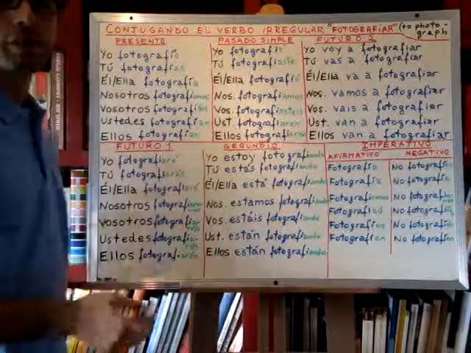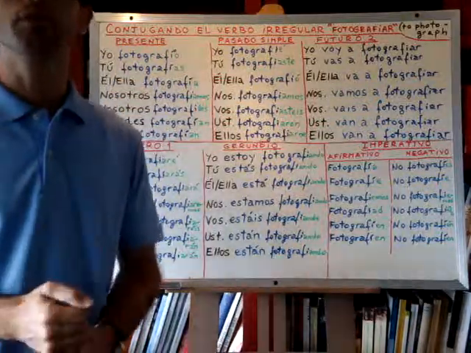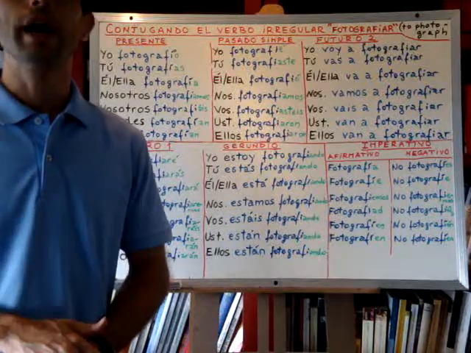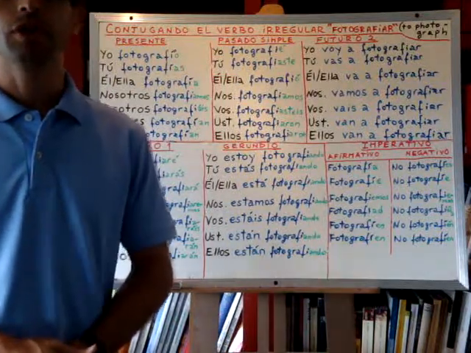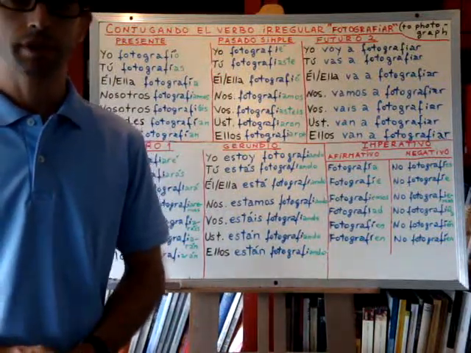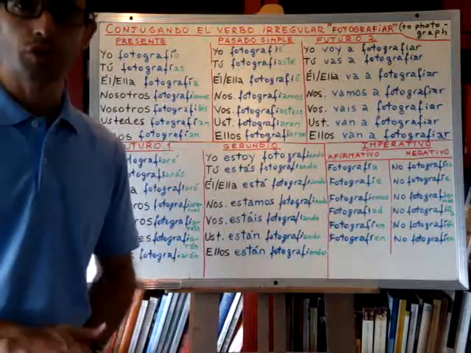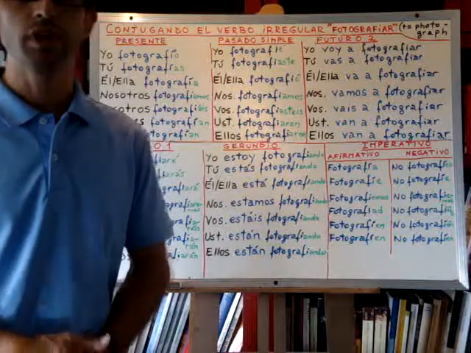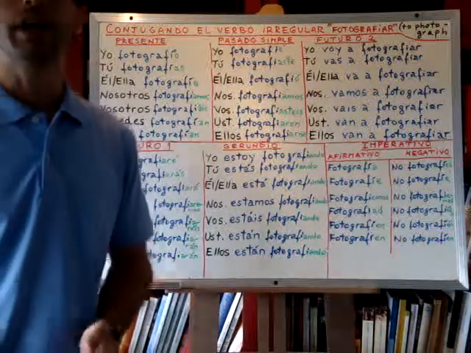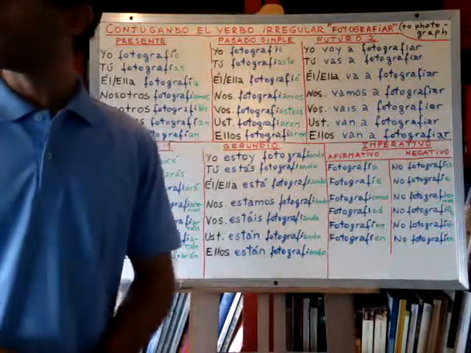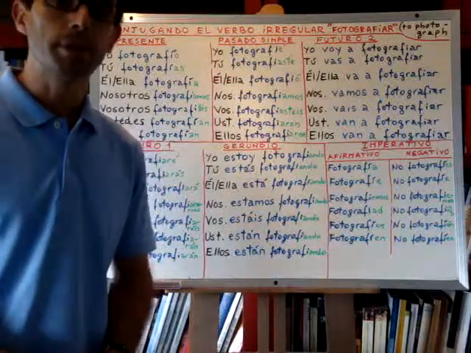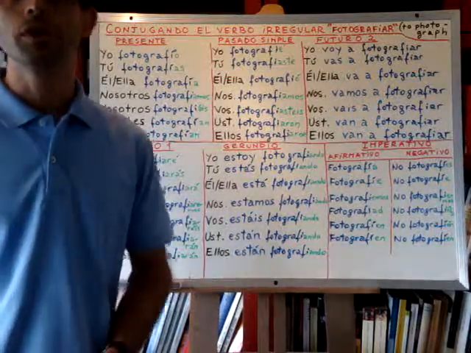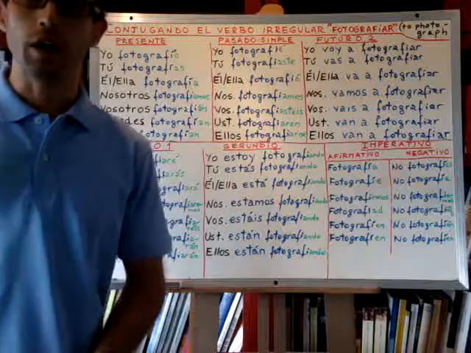So, yo fotografío, let's use an example. I take a picture of you, okay? Yo te fotografío, okay? Yo te fotografío is I take a picture of you. Or I will take a photo of that house.